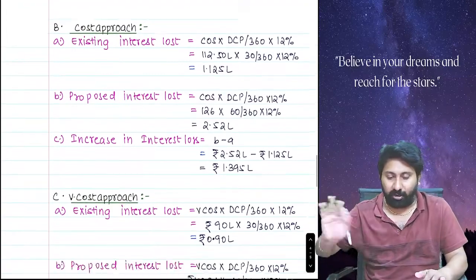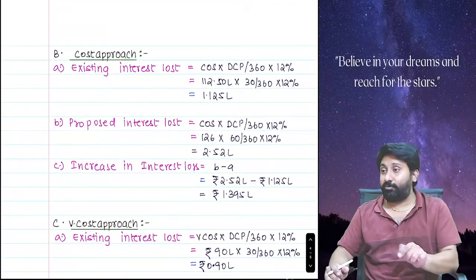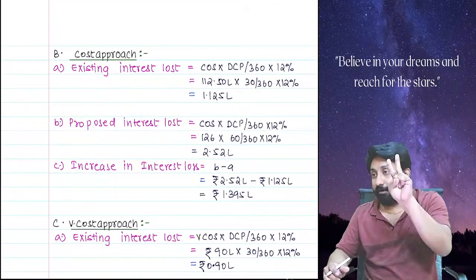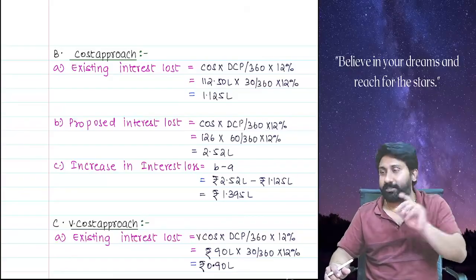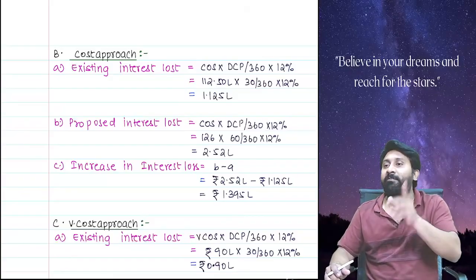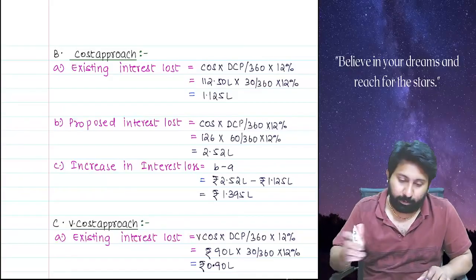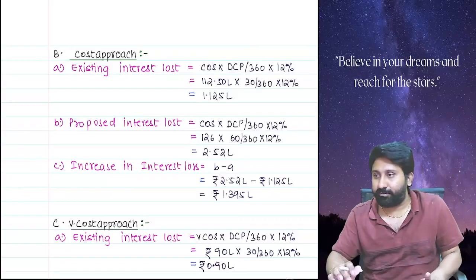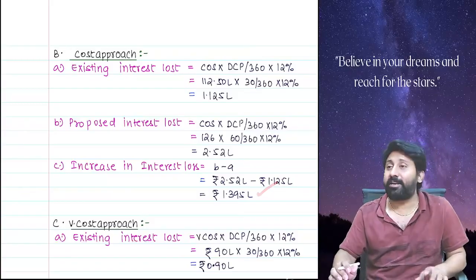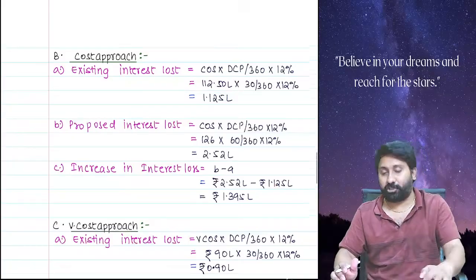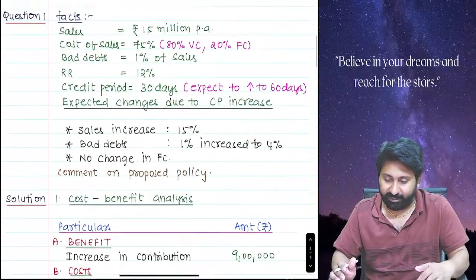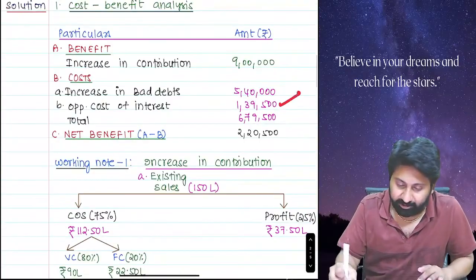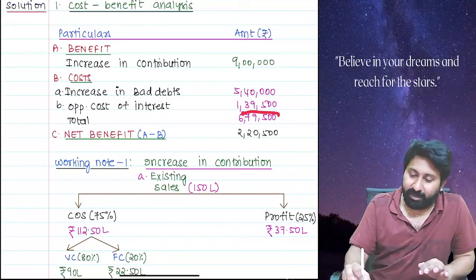Now the question, which one to use? In this question, fixed cost is given, variable cost is given, and information is also given. So we will use the cost approach, also called the total cost approach. 1.395 is the increase in the interest loss, so that only we should consider. With 1.395, total cost will be 6.79.